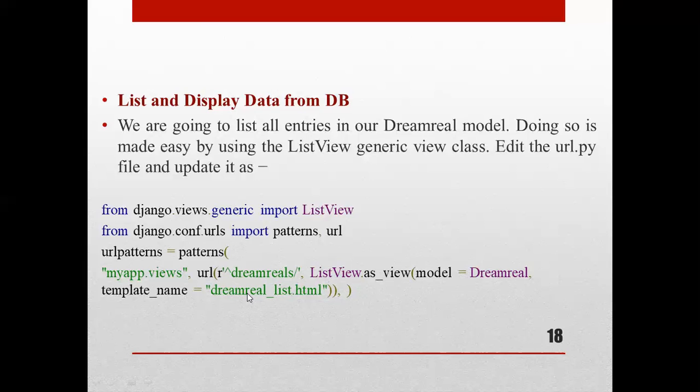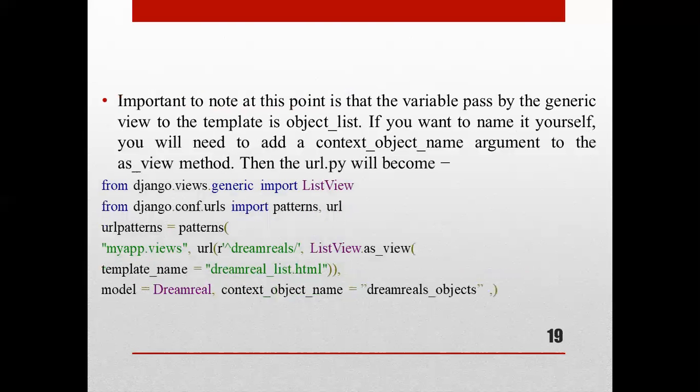In the previous example we passed static.html as the template name, and that static.html file contains one message. Now here, the dreamreal file contains a list of some data from the database.